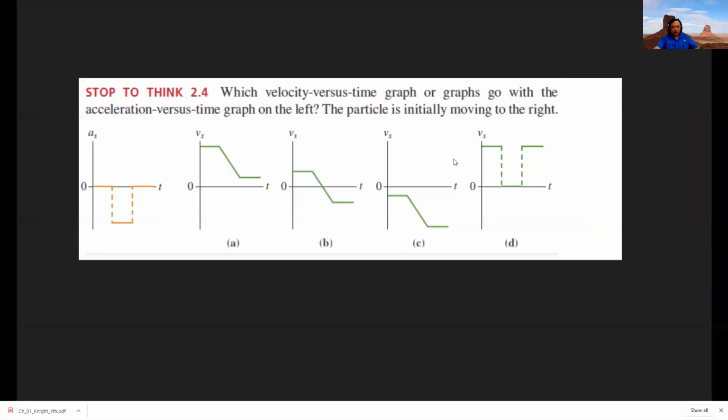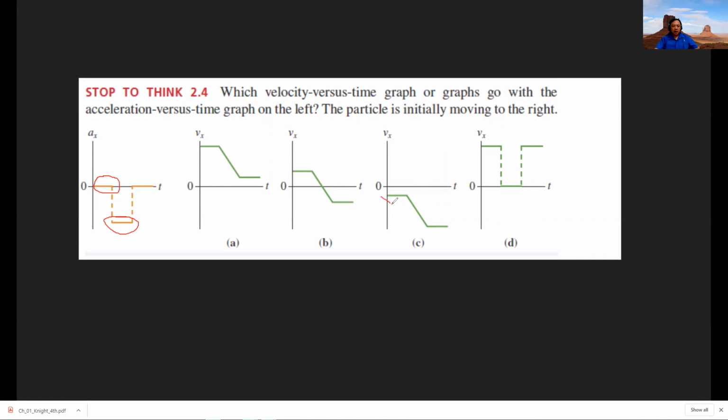Okay, next: which velocity versus time graph or graphs go with the acceleration versus time graph on the left? Take note, it starts with 0 acceleration, so 0 slope. So all of them can qualify. And this one is a negative acceleration, so a negative slope. So A, B, and C qualify also. But take note, it's initially moving to the right, so it must have a positive velocity initially.